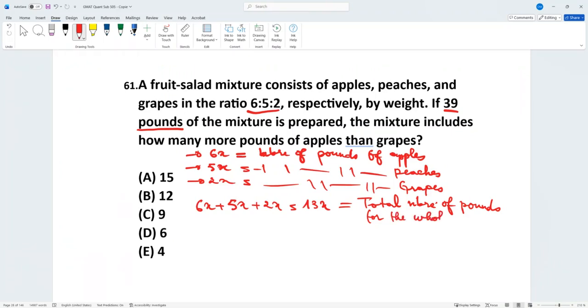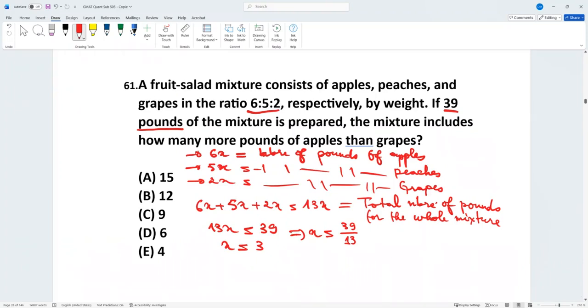Okay. So since they have told us that 39 pounds of the mixture is prepared, we can say that 13x is actually equal to 39, like this. And this can lead us to find the value of x, which is 39 divided by 13, and x is going to be equal to 3. Okay, because if you divide 39 by 13, you find the value 3.